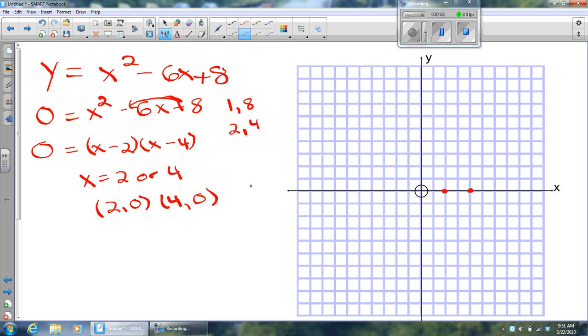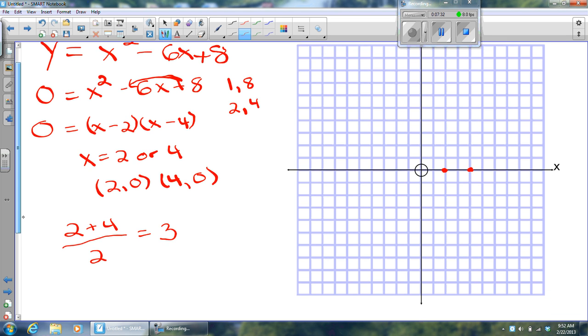Okay, so now we're going to find our x-coordinate of our vertex. So we said that it's the average of our x-coordinates of our roots. So we're going to do 2 plus 4 divided by 2, which will give us 3. So this is our x-coordinate for our vertex.